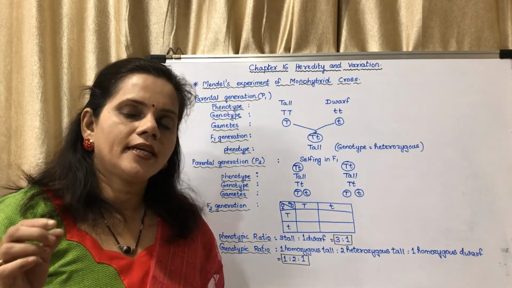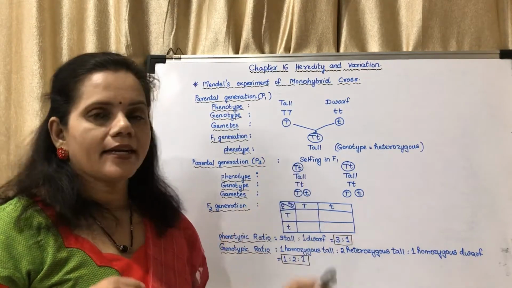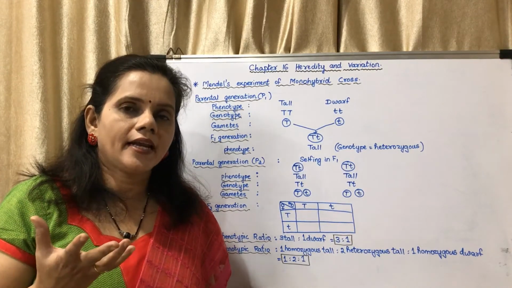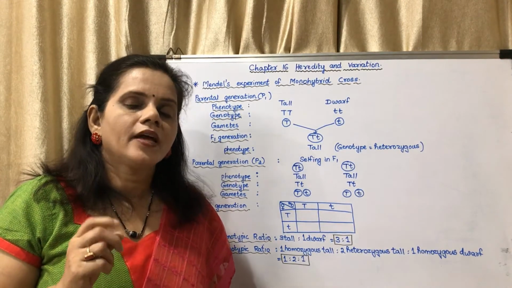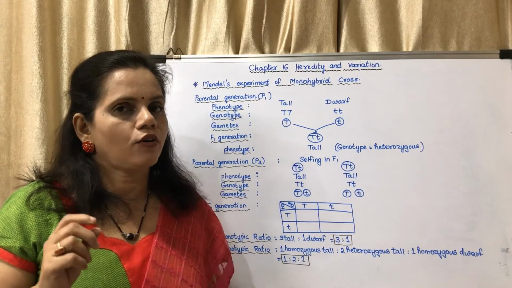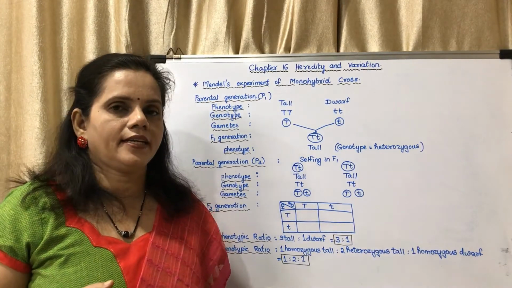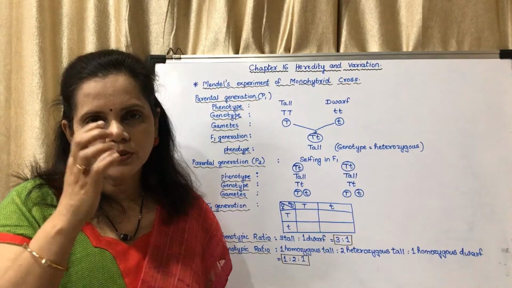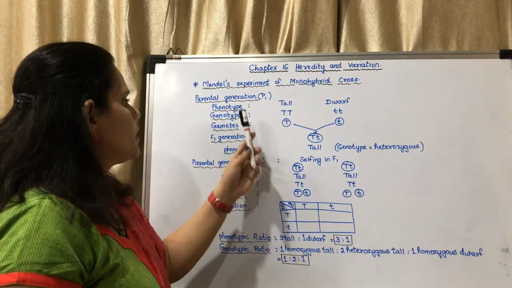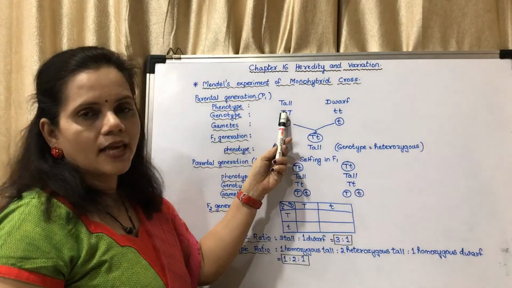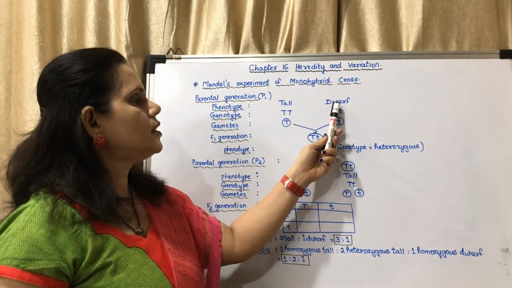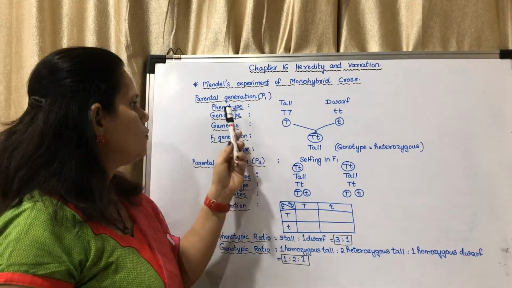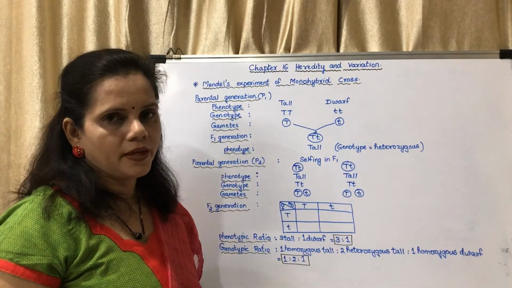Now, while writing the chart, you have to take the dominant characteristic capital letter and the same small letter for the recessive characteristic. If you take another letter, you won't be able to draw the chart. So genotype of tall is capital T, capital T. Genotype of dwarf here is small t, small t, for the first generation P1.